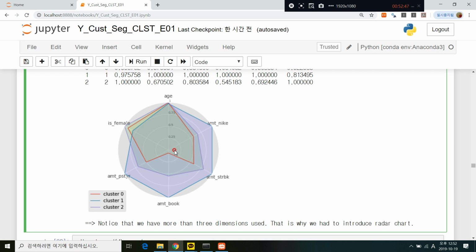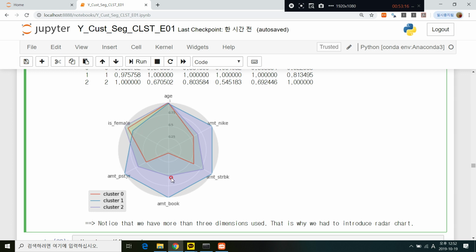One interesting pattern is in amount book. Some group never spends a lot, near 0, in the book category, that is cluster 0, with many ladies.